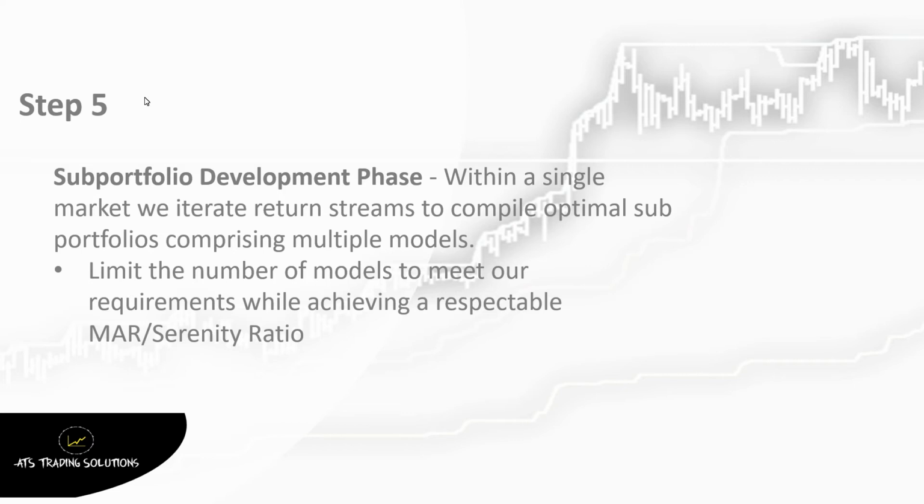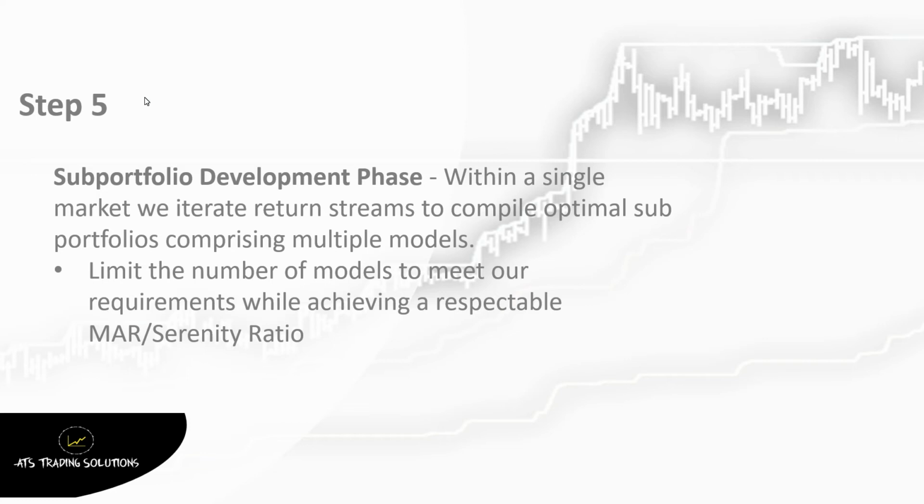From that we iterate, and when we say iterate, we're trying to combine those various equity streams down into a portfolio or sub-portfolio of maybe 10 or 15, depending on how many you personally want to trade with. So we're going for 10 EAs in the euro to give us the best effective MAR or serenity ratio.